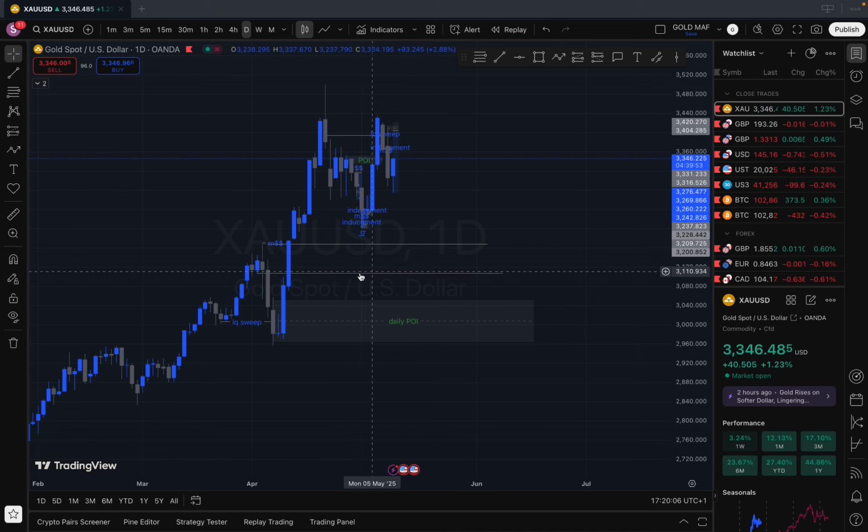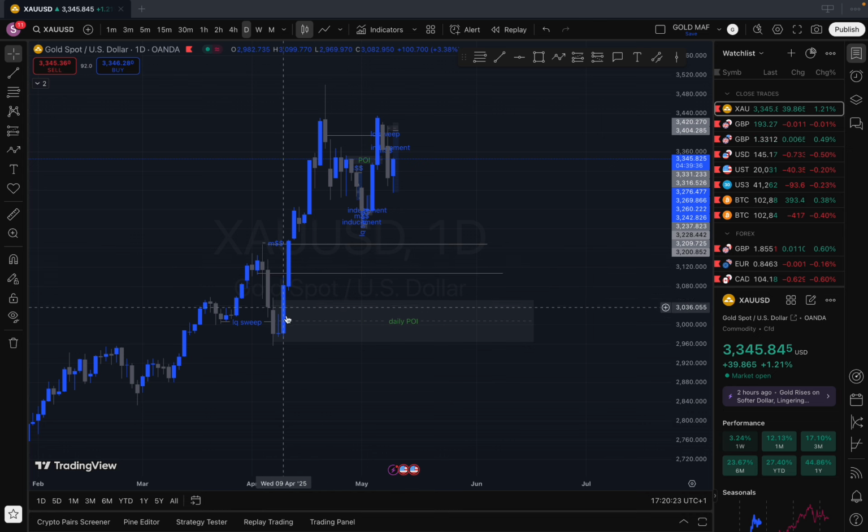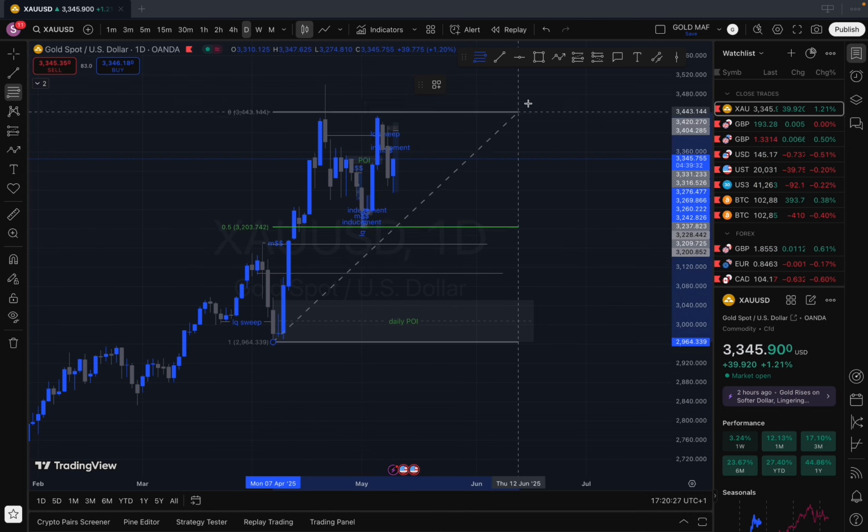Why? Because I'm expecting price to come to this place. You can see that there's a fair value gap, there's an order block, and if I carry my Fibonacci tool, although price has not yet gotten to 50%, let me just manage it like that. The green line is the 50% zone.